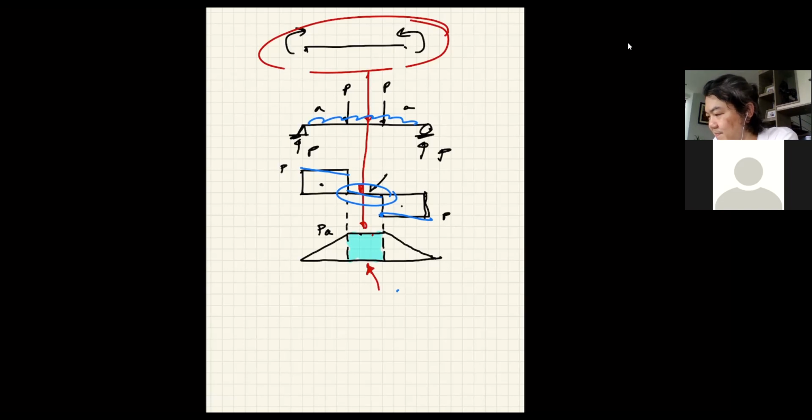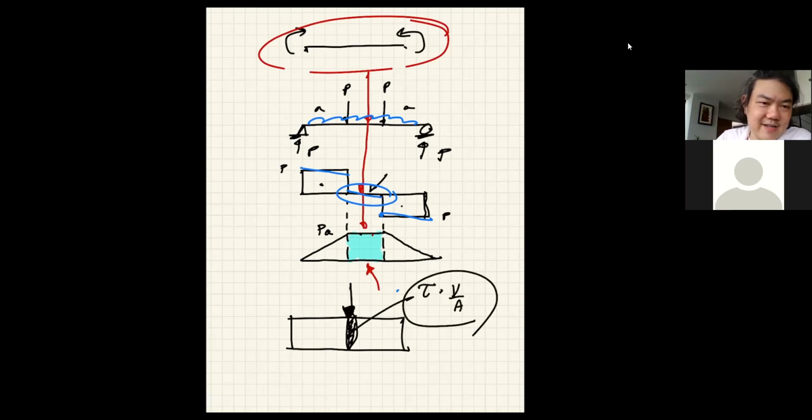If I have one piece of whatever that is, and I want to fail this member by shear, the shear stress in this area is simply V over A.